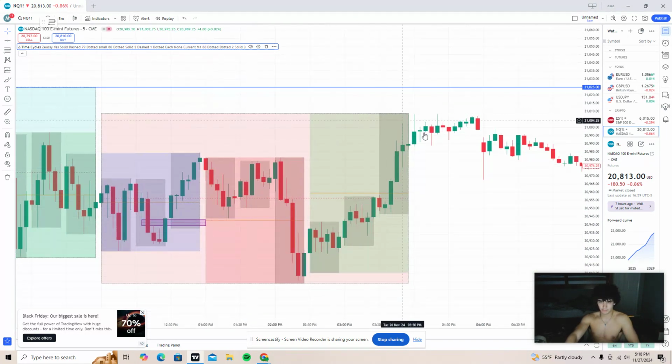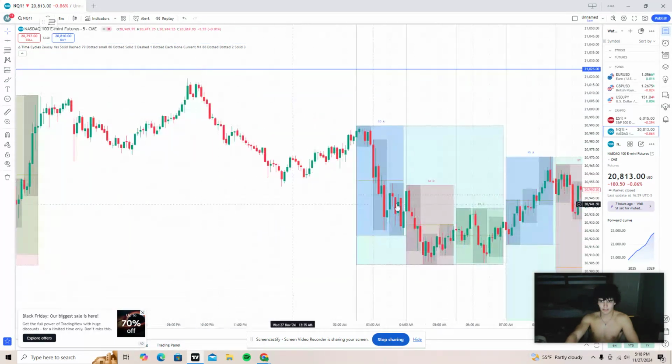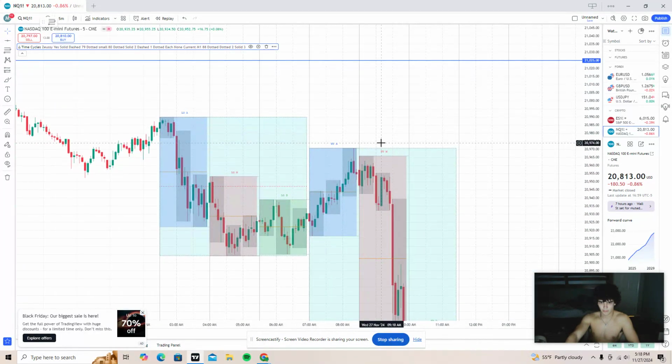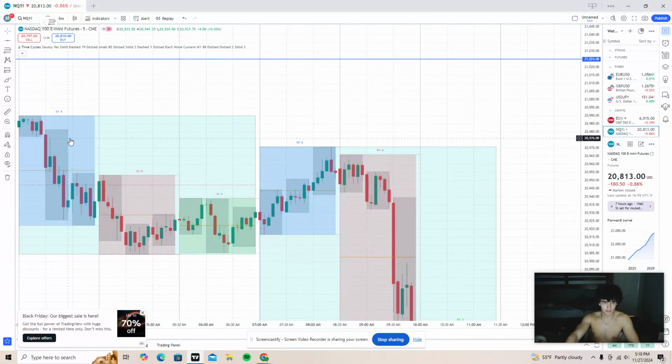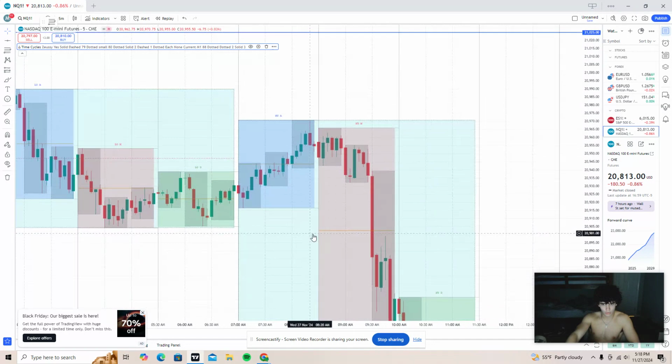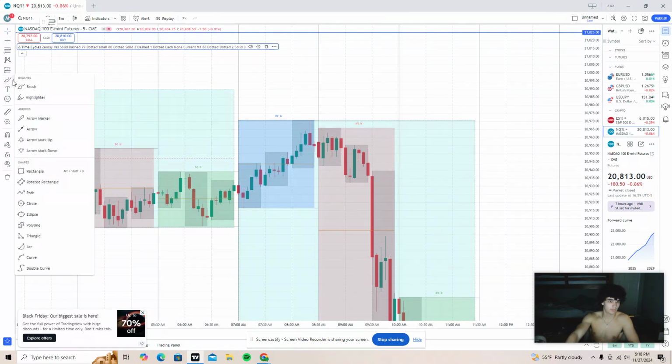So basically, what I mean by that is basically, if you have a high, let's say it would be, I guess for this we could use, we'll use a low. Never mind. Scratch that, because you can use the nearest high or the nearest low that is swept.